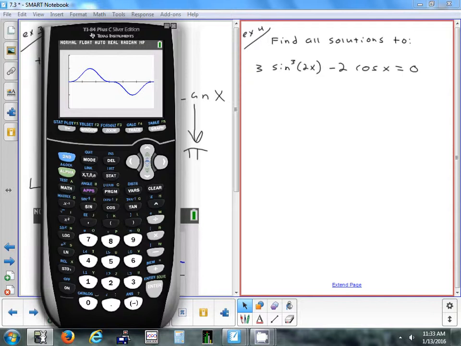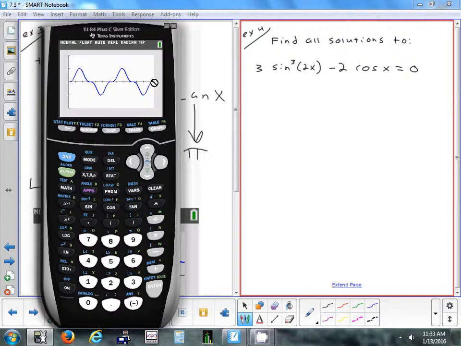Okay. Does it look like we're seeing it repeat more than once in that window? No. And in fact, if you wanted to double check, instead of going to 2 pi, go to 4 pi. And we would expect to see it how many times here? We should see it twice. If we do, then we know the period is 2 pi. And we do. Okay? So there's the first one and the second one.